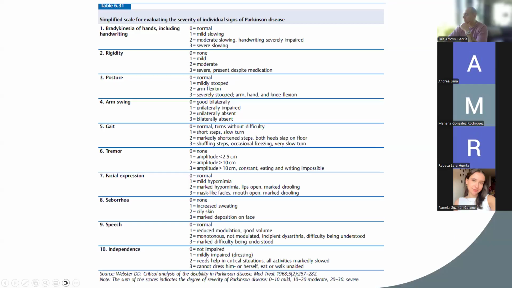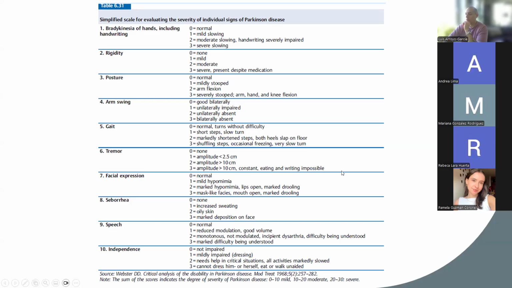Okay, so depending on how bad these movements are and the severity of, for example, bradykinesia, rigidity, posture, arm swing, gait, tremor, facial expression, seborrhea, speech, or independence, we're going to see how bad this patient is.